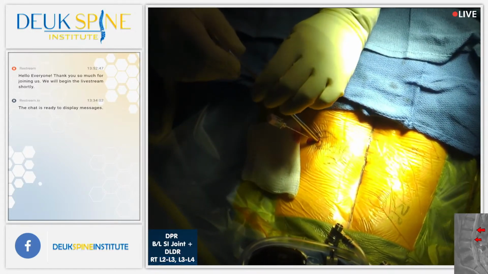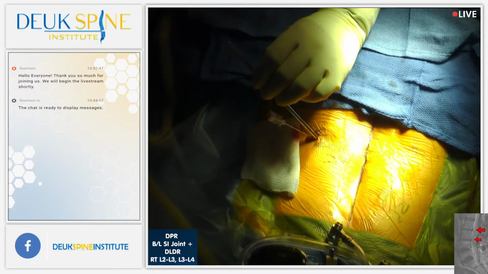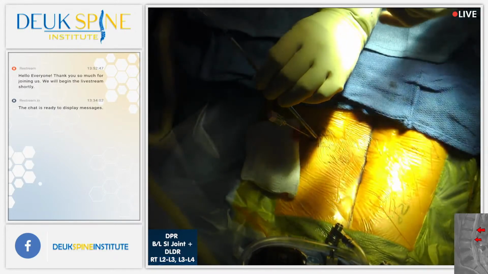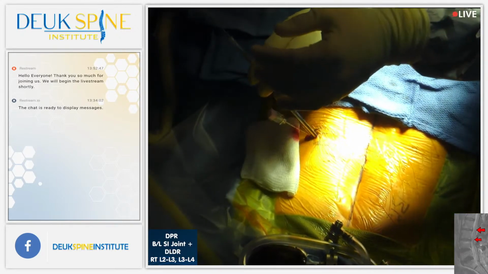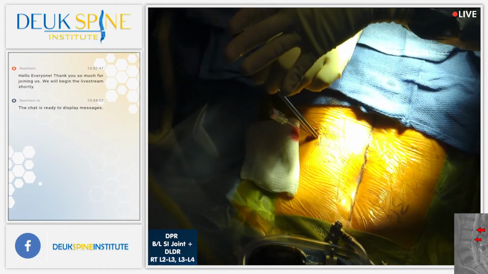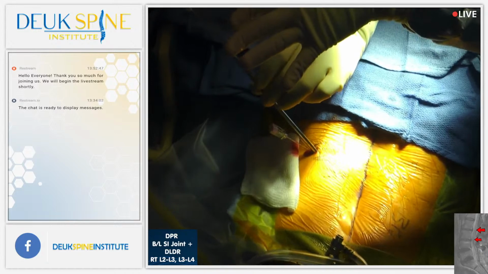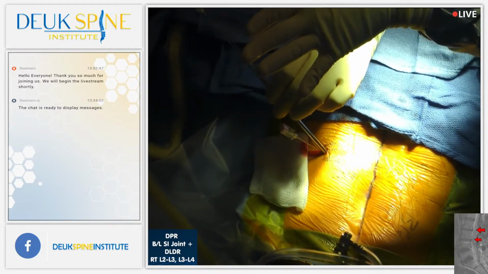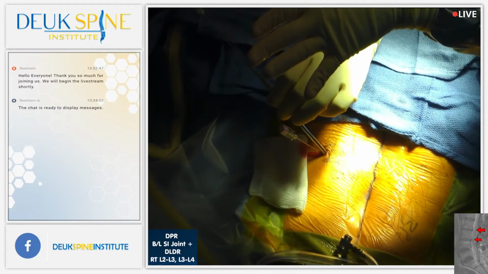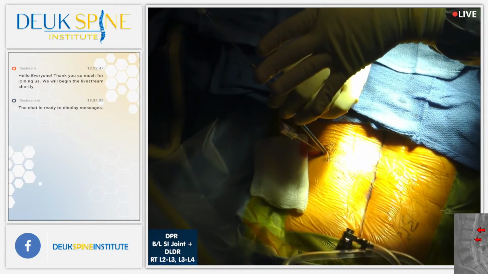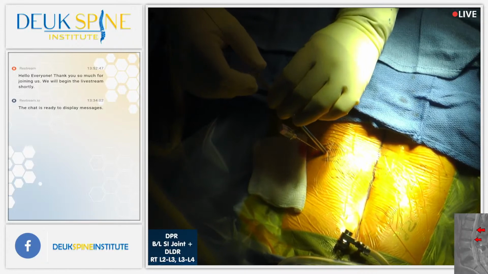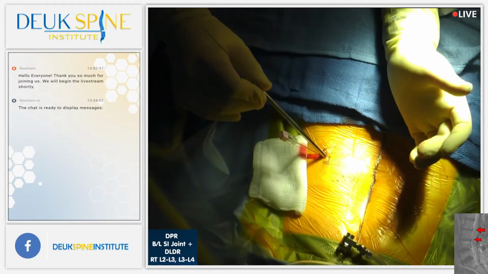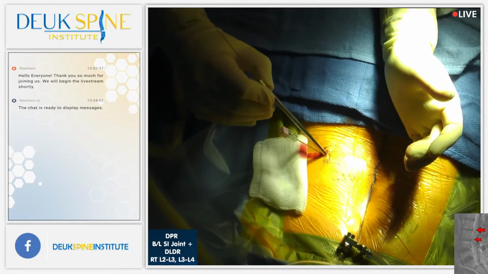So, little numbing medicine. We're going to put some numbing medicine as we go down with the dilator just to make her more comfortable. This numbing medicine is lidocaine and marcaine. All right, looks good. Now, I don't want to inject any medicine in the foramen where the nerve is. Otherwise, she can get a weakness in her leg from the medicine.